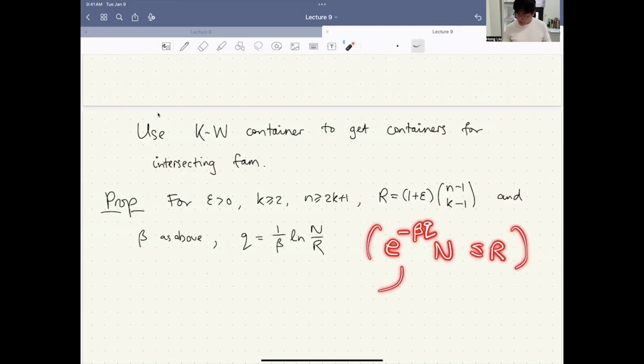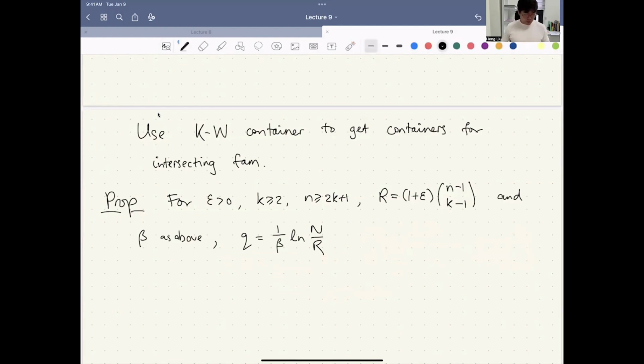By choosing this, I believe that's correct. Is that right? Yes, right. Okay. Good.